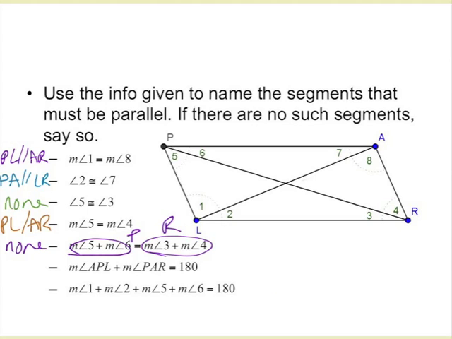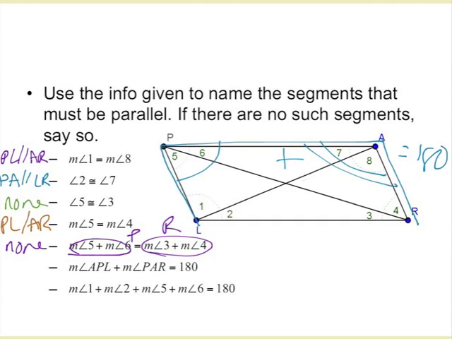The next one says APL, which is that whole upper corner at P, and PAR, which is the whole upper corner at A, and they add up to 180. So this angle and this angle together add up to 180.